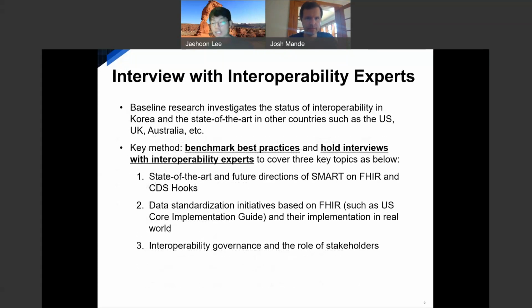And what I was assigned to do is this interview with interoperability experts. We would like to benchmark best practices from other countries and experts and host interviews with these experts to cover their knowledge, insight and lessons learned on subjects like SMART on FHIR, CDS Hooks, and FHIR implementations, and even further, interoperability governance and the role of interoperability stakeholders.